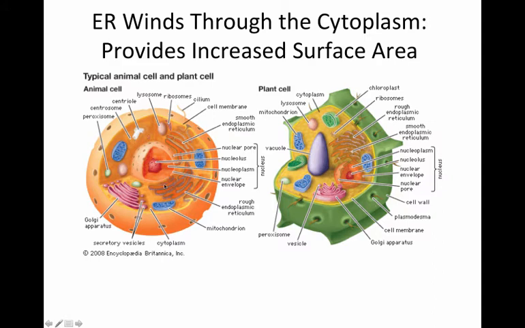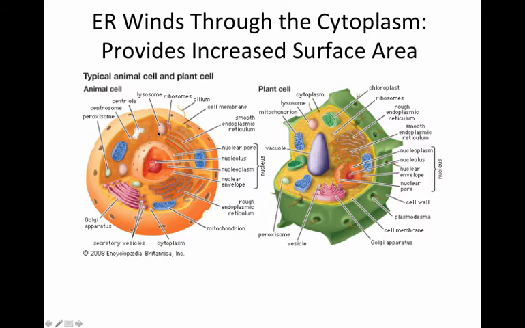And so it winds itself through the cytoplasm. Also in a plant cell, there's rough ER, and there's smooth ER, the ER with bound ribosomes. And it winds itself through the cytoplasm. This is the cytoplasm. All of this in yellow would be the cytoplasm. It winds itself through the cytoplasm within this plant cell and within the animal cell.